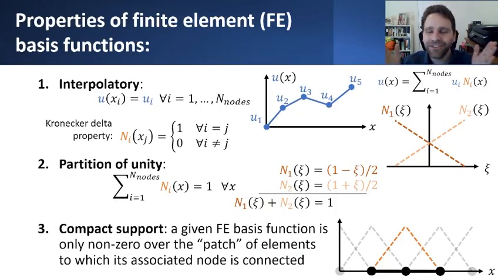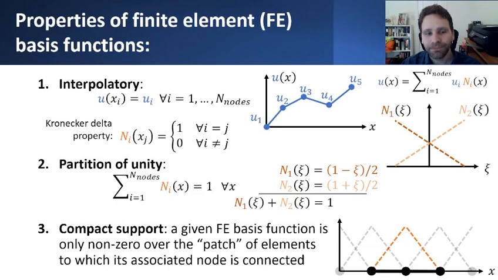Beyond those patches of elements to which that node is connected, the corresponding basis function will just be equal to 0. So you really only have to worry about the value of this particular basis function being non-zero within the elements connected to the corresponding node that basis function is associated with.